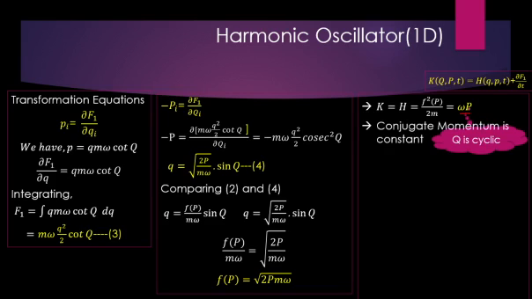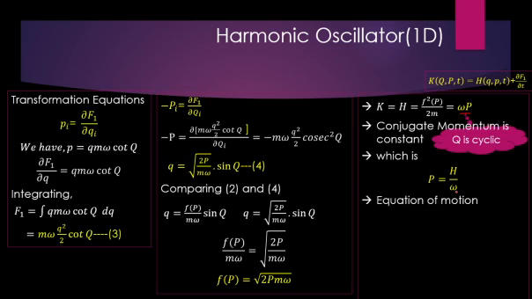Now let us consider the conjugate. So if Q is cyclic, the corresponding momentum must be a constant. That we have already seen. So from this relation, capital P is equal to, just rearranging, you will get H by omega. So now you can write down the equation of motion.